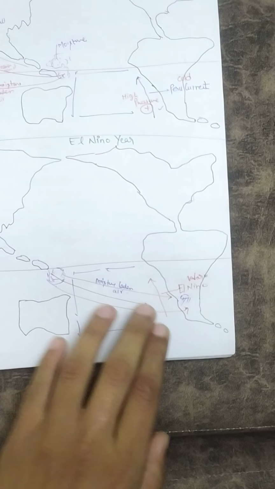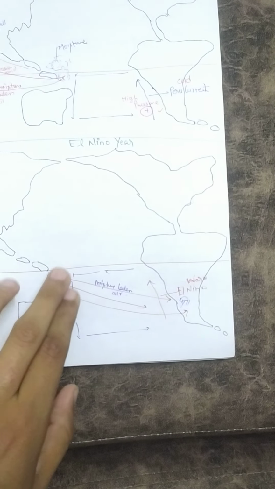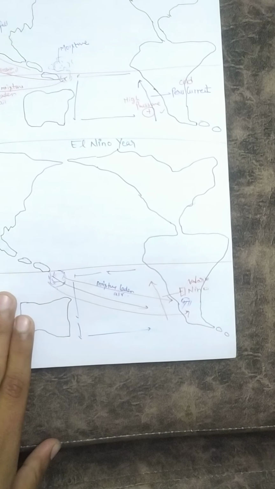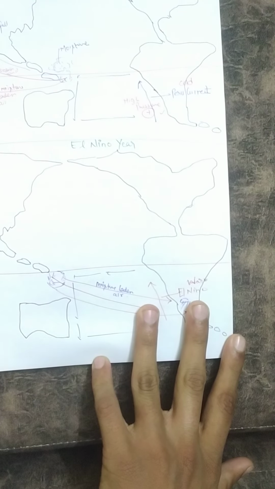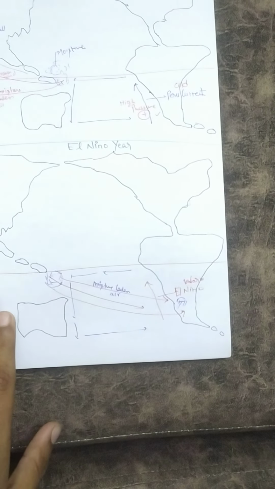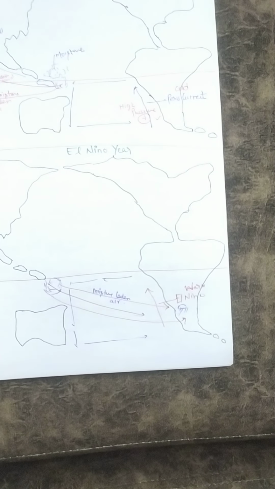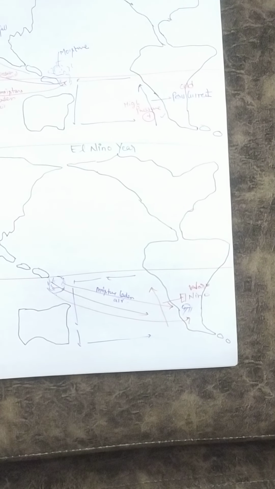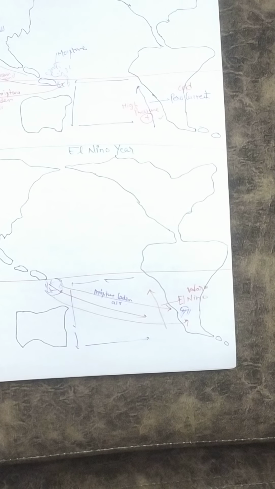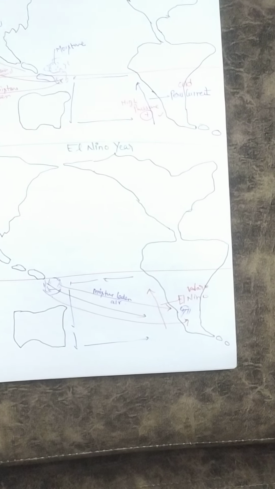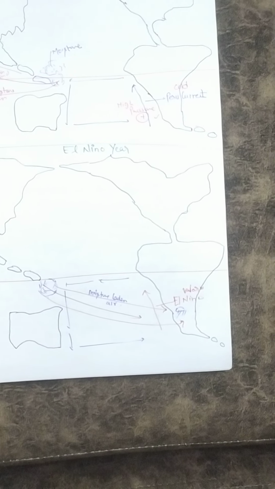Instead of moving towards the Indian coast, the moisture laden air moves towards the Peruvian coast. So India is deprived of monsoon in the El Nino year. Therefore, we can conclude that when very heavy rainfall occurs in India, then drought occurs in Peru.